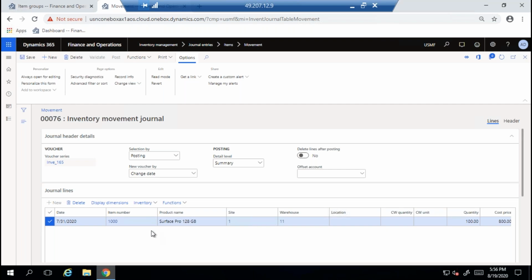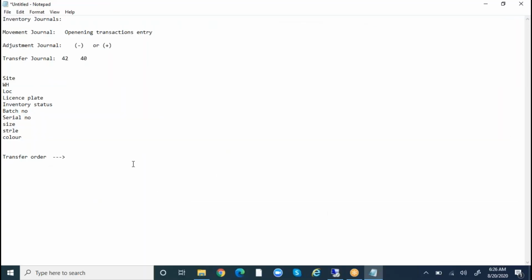Okay, so let me go to notepad. Suppose I told you 1st August 2020, very small information, but in a real-time scenario it will be useful everywhere. Here you need to enter, suppose you have entered 100 quantity and 800 is the price.